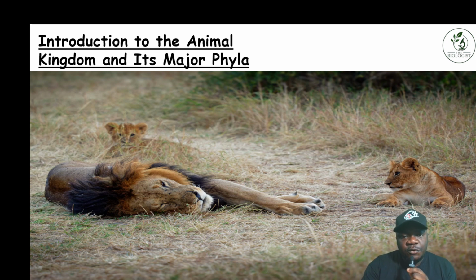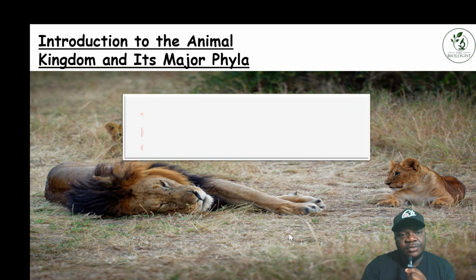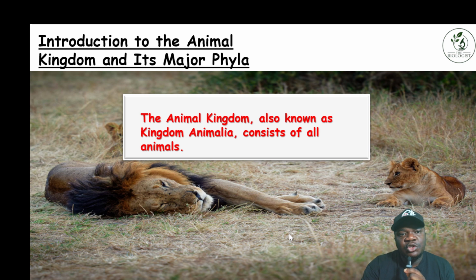Just so you know, the animal kingdom, also known as kingdom Animalia, consists of all animals, and there are many different animals existing in the world today. For example, you can be staying in a particular region and be very familiar with most species you find around, in the bushes and forested regions.